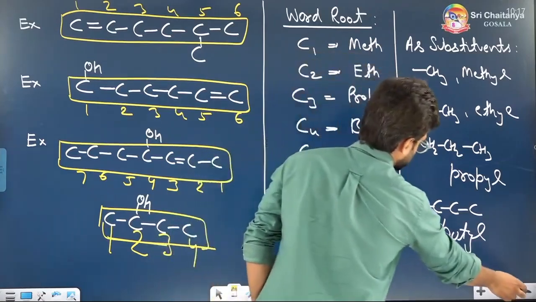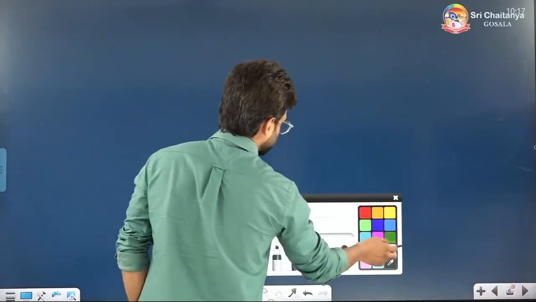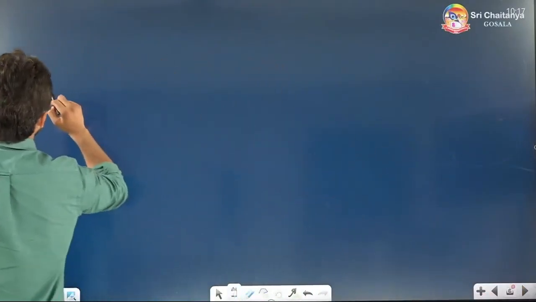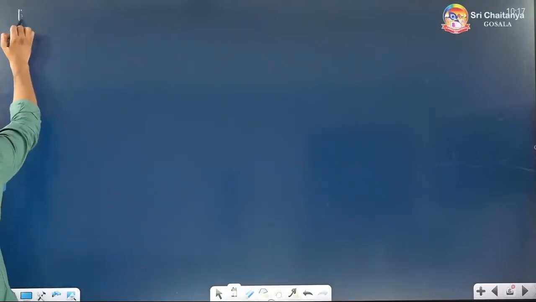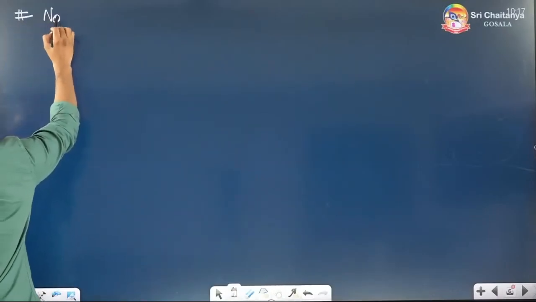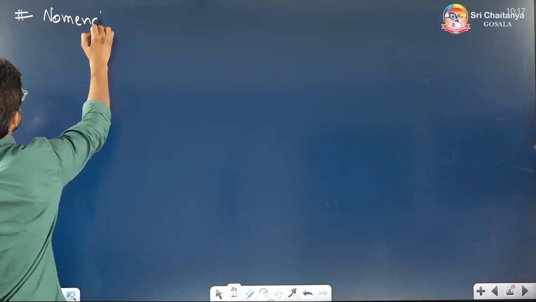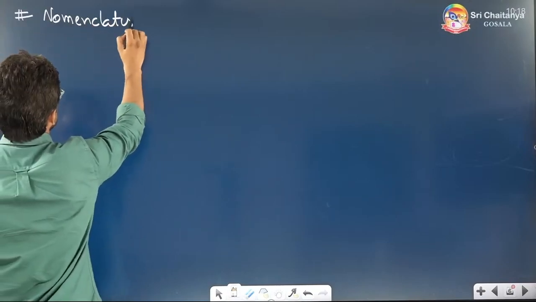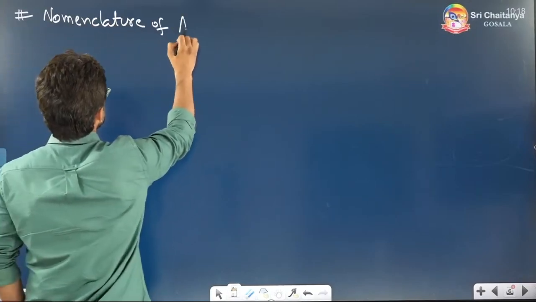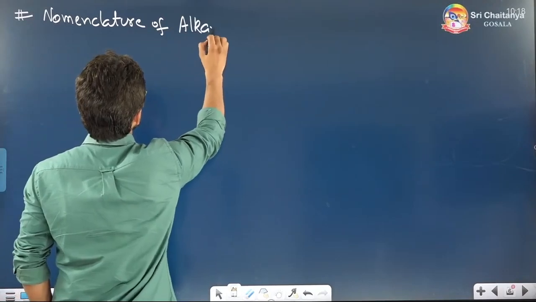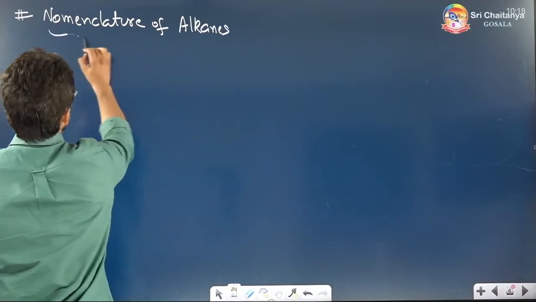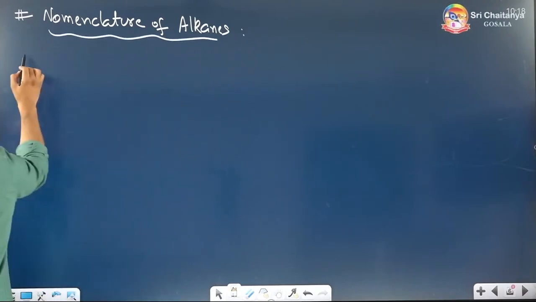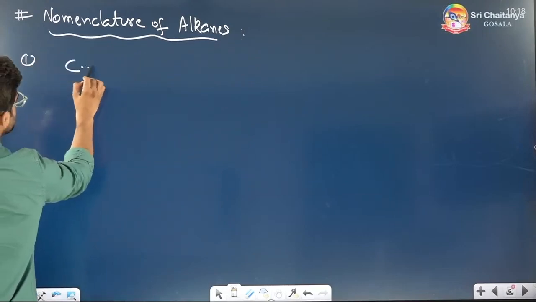Now I am coming to the alkane. We are doing some examples of alkane now. So we are doing questions of alkane. Carefully give the answer. Don't make mistakes. The first one is just a simple one.